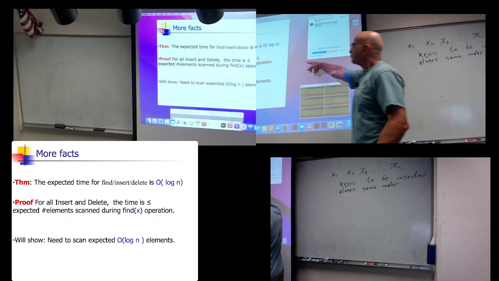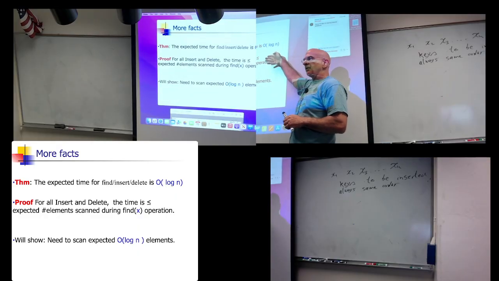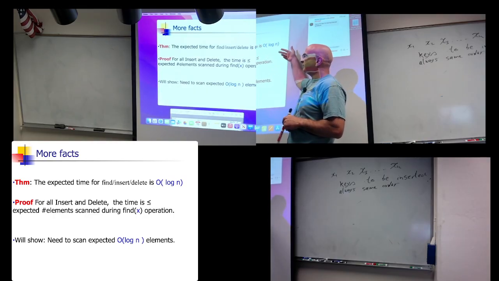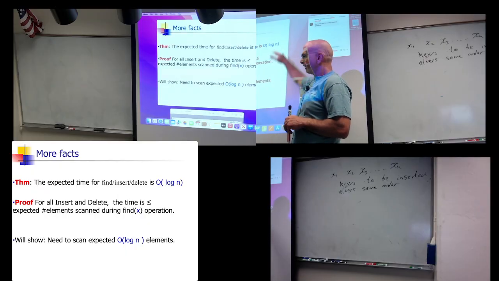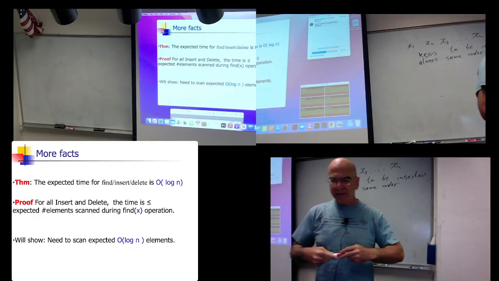So that's a much stronger statement than saying only if the input is really friendly, only if the input is uniformly distributed, and I cannot handle a malicious adversary. That's not the case. We want to say no matter how bad the keys are.